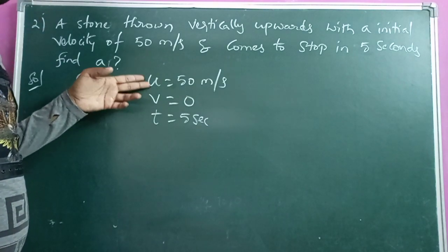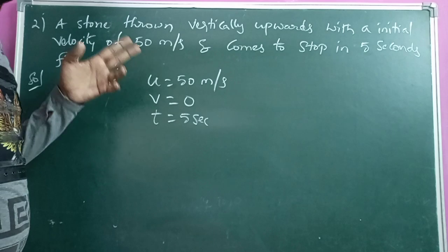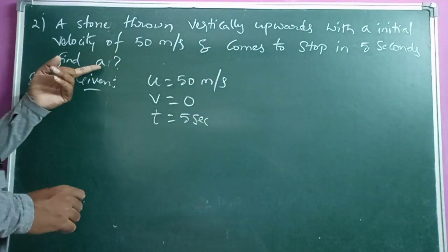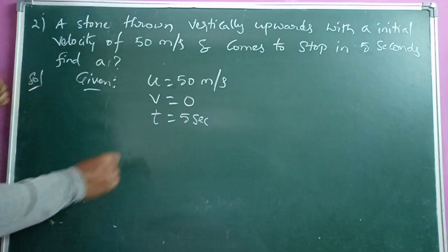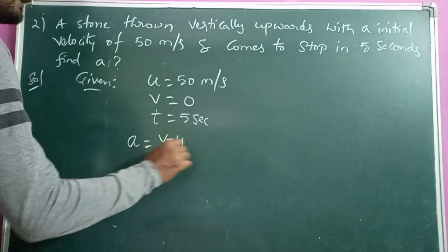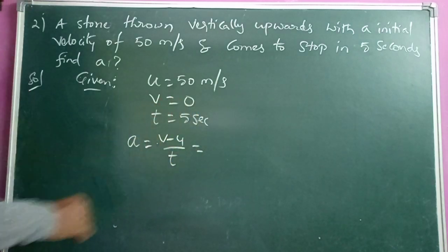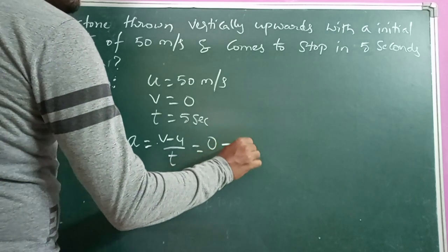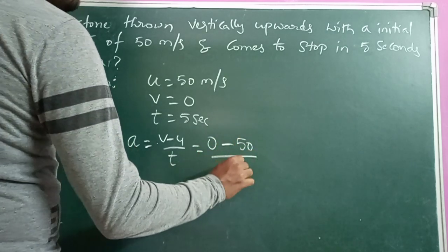The rate of change of decreasing velocity, we call it retardation. Here he asked to find acceleration. The acceleration formula is a is equal to v minus u by t, final velocity minus initial velocity by time. So final velocity is 0 minus initial velocity 50, by time taken 5.